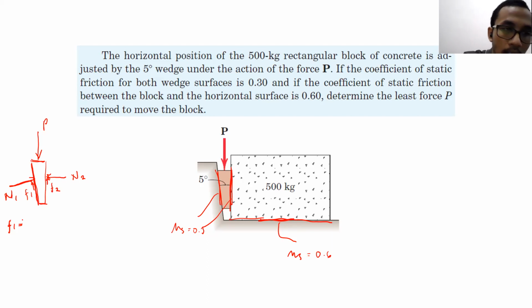So F1 here is supposed to be mu s multiplied by N1, and the mu s there is supposed to be 0.3. So F1 is 0.3 N1, and F2 there is 0.3 N2. Basically, in the first free body diagram, we have three unknowns: P, N2, and N1.